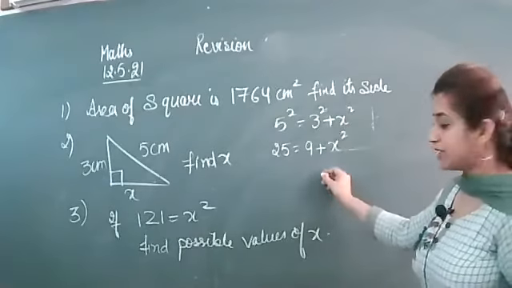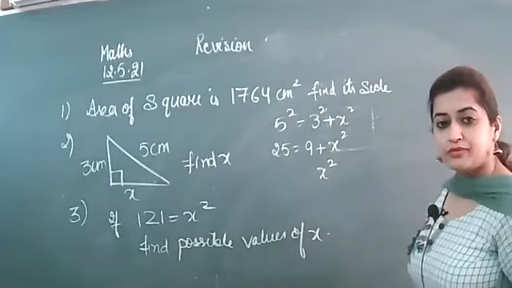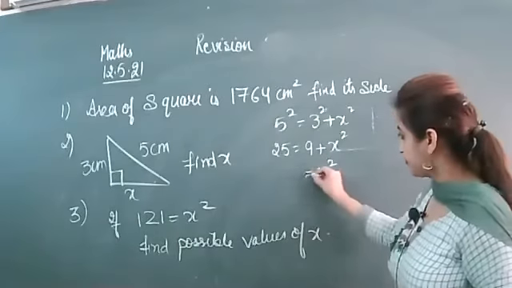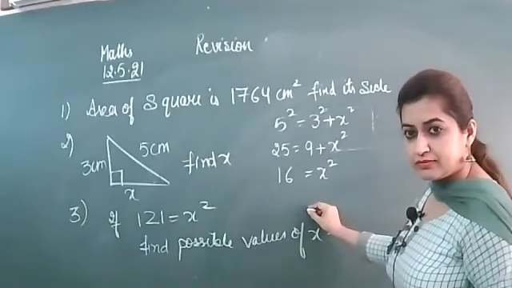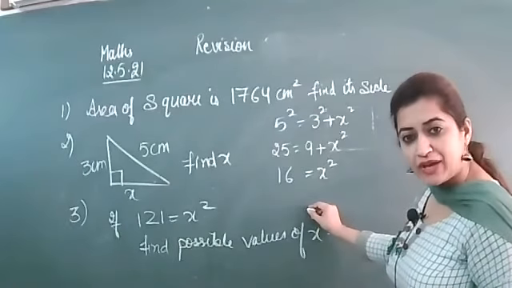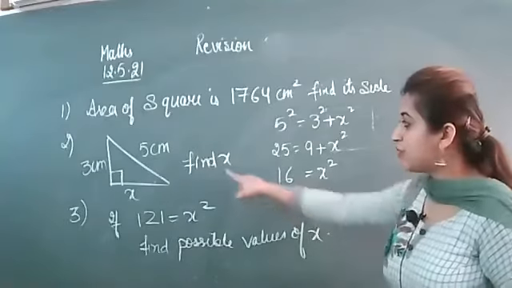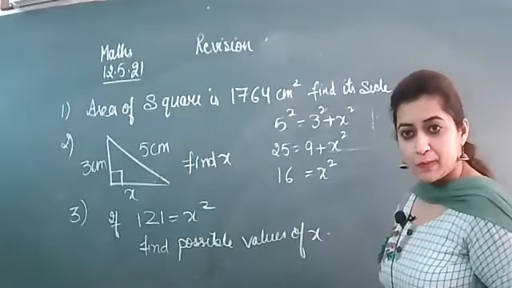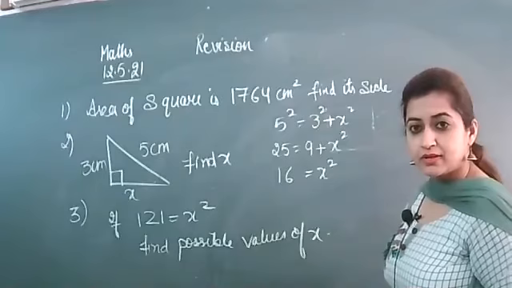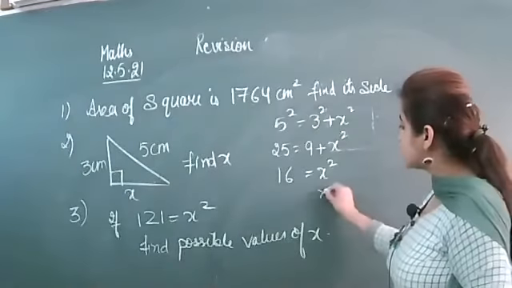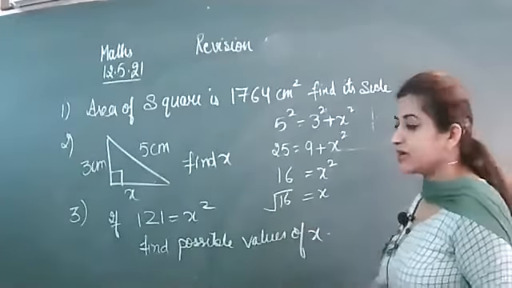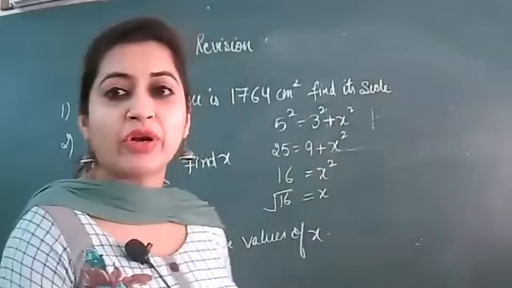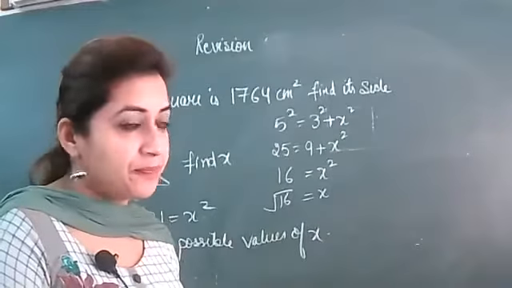Now tell me, x square is equal to 16. Find the value of x. This is your x square, now we want x only. x is equal to square root of 16. Ananya will tell, what is the square root of 16?